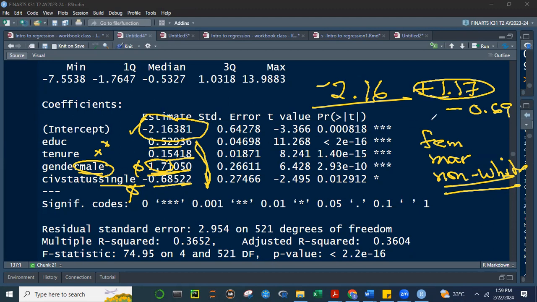Who is single, okay? And it doesn't matter kung white or non-white siya. Kasi hindi naman significant yung white at saka non-white, yung race. Okay? So we'll deal more with that as we go along. Kasi ano tayo na interaction variables, and that's where that will come from.